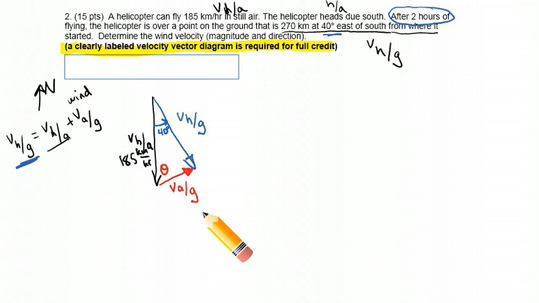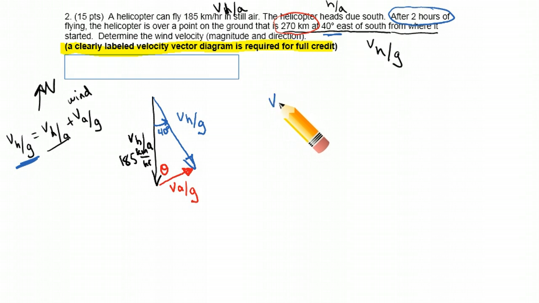We need one more piece of information. Right now we only have one angle and one side of our triangle. Okay, the other piece of information is going to come from this time and this distance. So I'll switch back to blue.